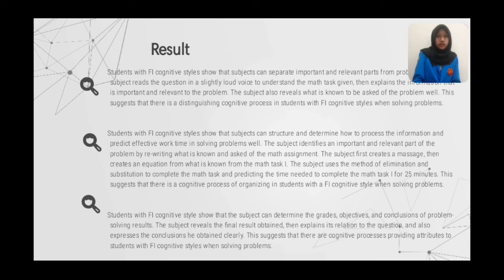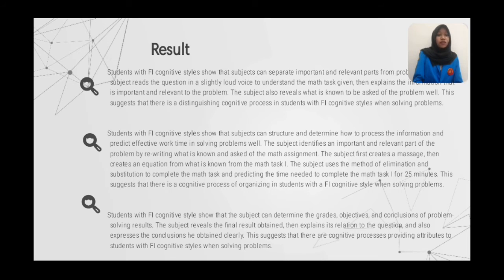The subject also reveals what is known and asked of the problem well. This shows that there is a distinguishing cognitive process in students with a field-independent cognitive style when solving a problem.